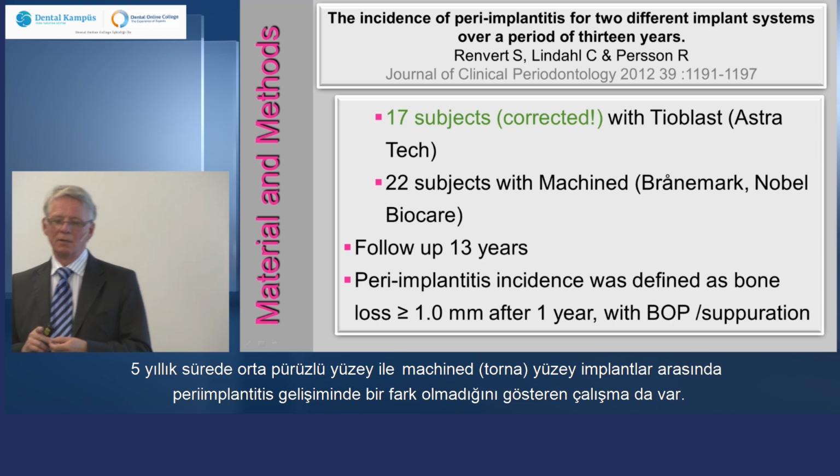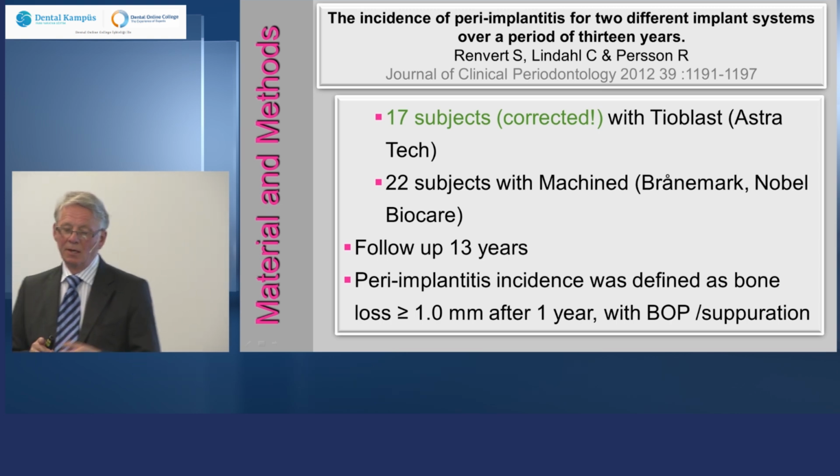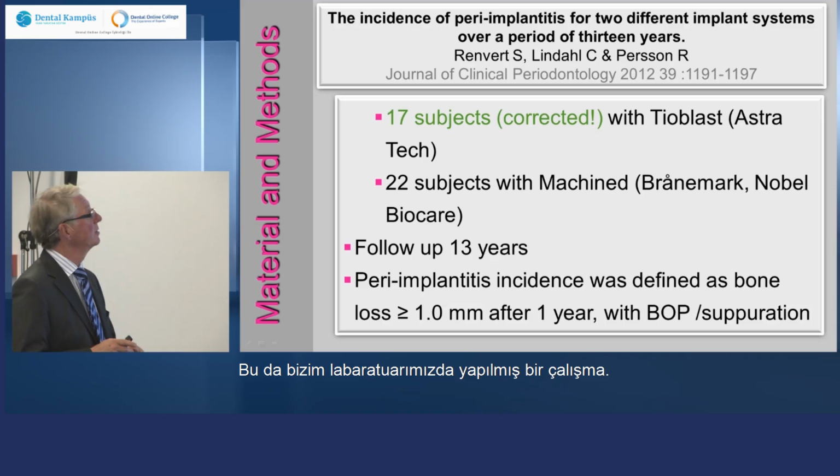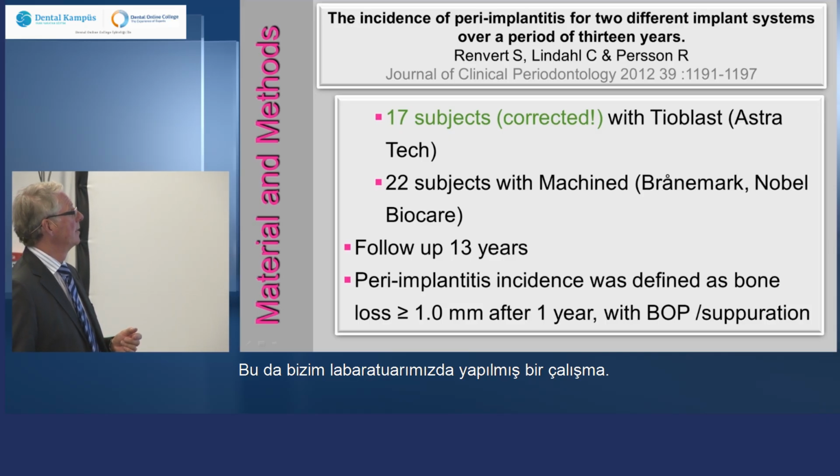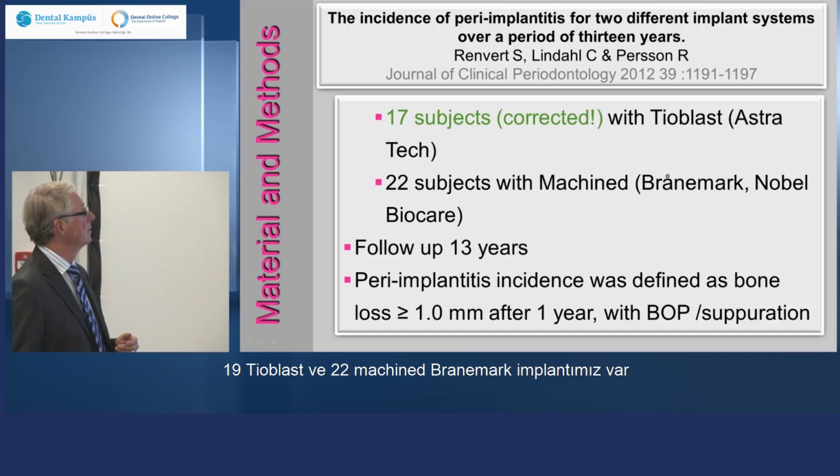This is from our laboratory where we recently looked at, sorry about this, it is wrong. It couldn't be 112. So we have 19 tyoblast and 22 machined Brånemark implants.